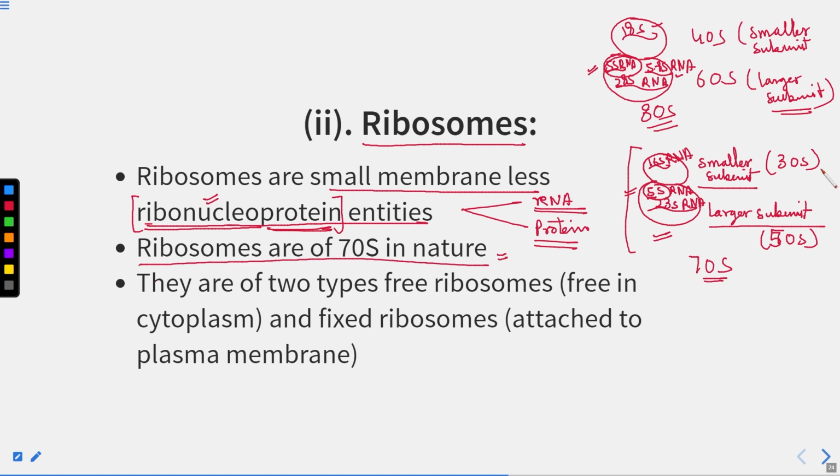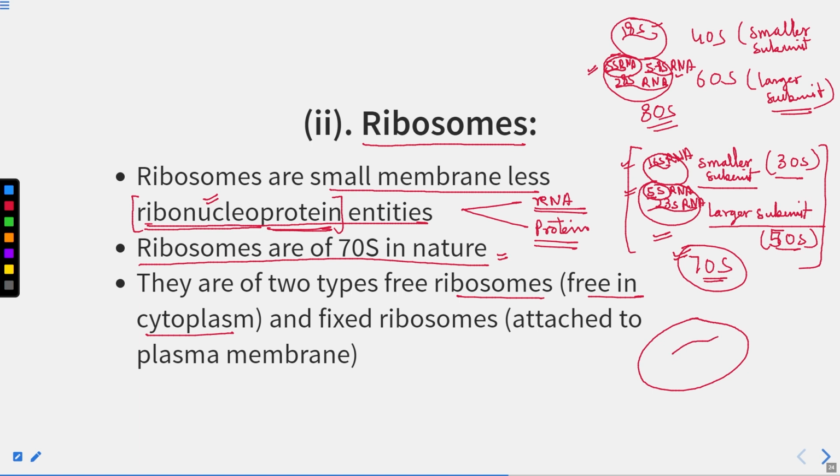I've just given you a rough figure, because sometimes these subunits can also be asked: what are the subunits of the 70S type in prokaryotes? It is 30S and 50S. Do remember this. Ribosomes are of two types. In the bacterial cell, ribosomes that are free in the cytoplasm are called free ribosomes, and ribosomes attached to the plasma membrane are called fixed ribosomes. Lots of ribosomes get attached at the plasma membrane.